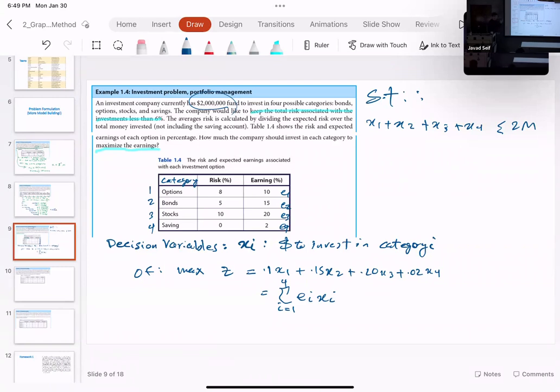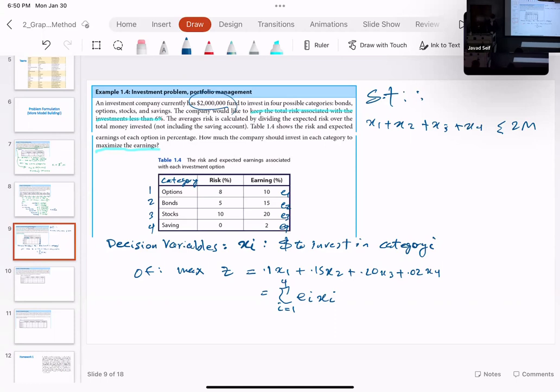Common sense tells me this one has a 0% risk. So invest most of your money in high earning categories, and whatever is left, instead of just keeping it, this one gives you 2%, 0% risk. Just put it there. So it doesn't make sense to have a solution that has any leftovers.